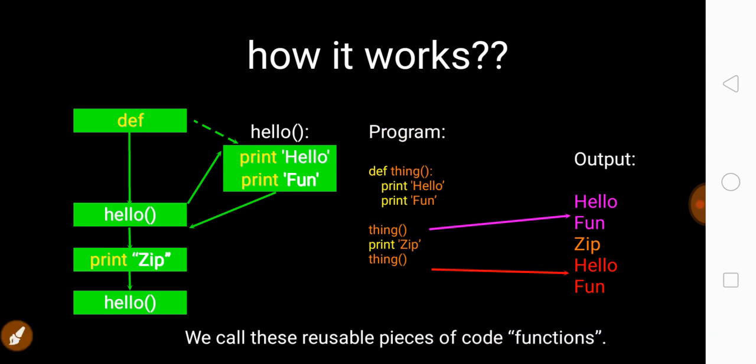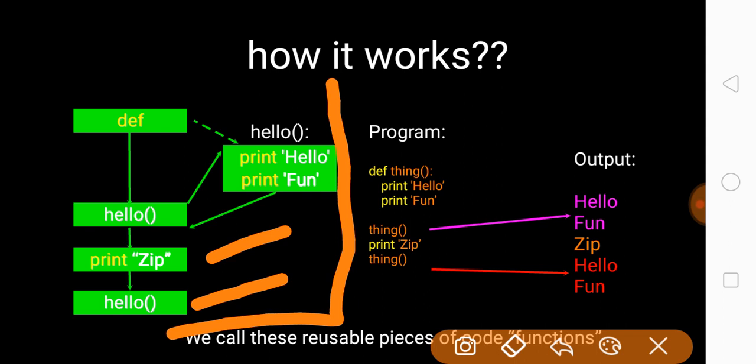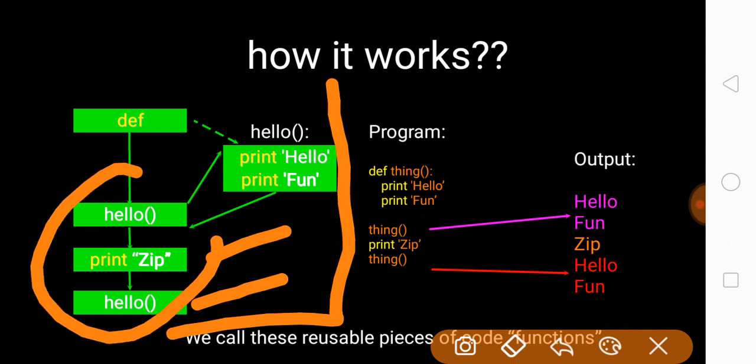Again the word zip will be printed, and again if we call the function hello, the output again will be hello fun. So the final output for this particular code will be hello fun zip hello fun.